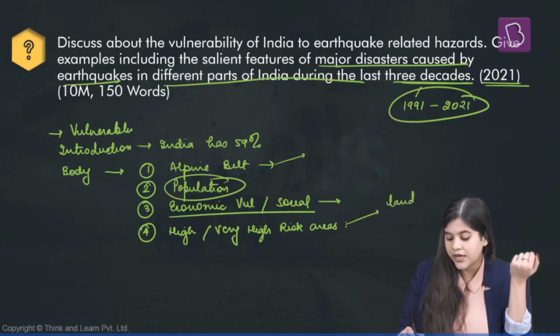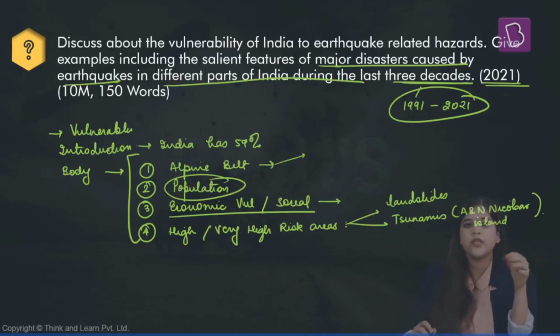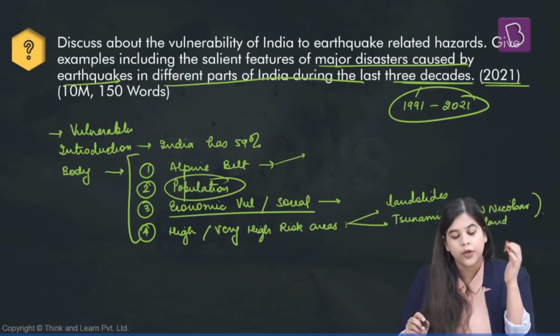We have disasters like landslides, also tsunamis, especially in the Andaman and Nicobar Island area. So these 4 points will cover the first part of your body.